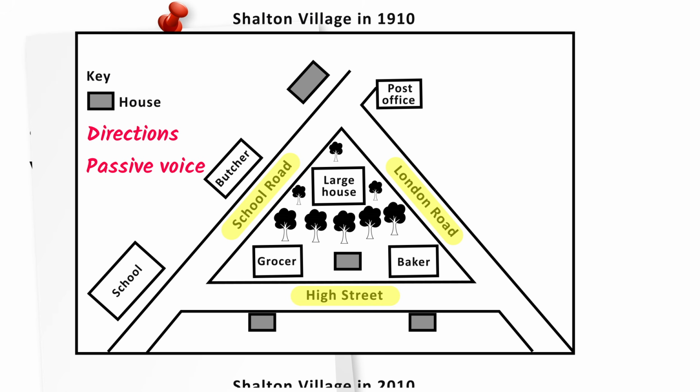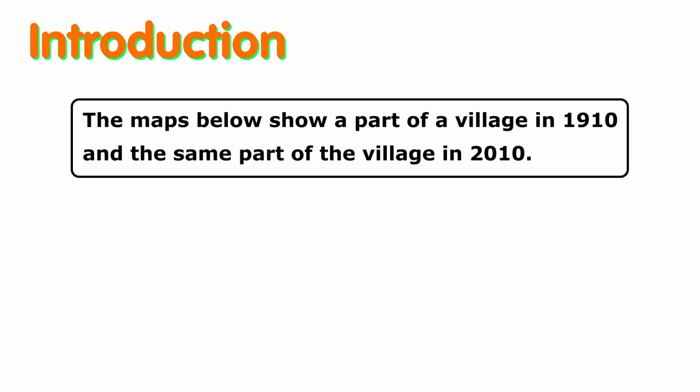Now, let's start writing our first paragraph, which is the introduction. We just paraphrase the question. The maps below show a part of a village in 1910 and the same part of the village in 2010.